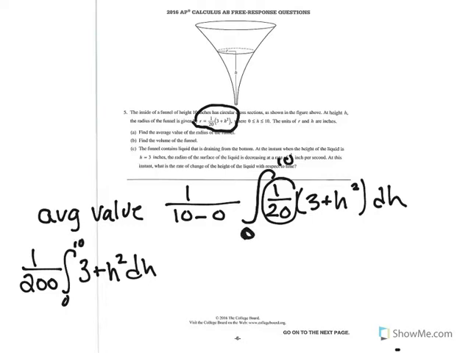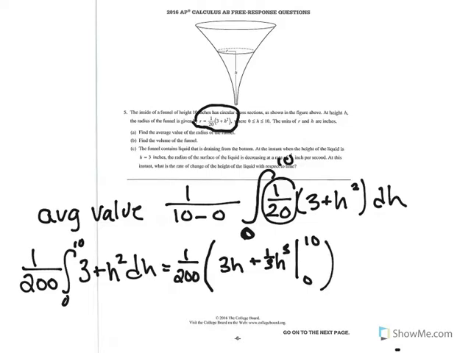Now normally when they ask you to work out an integral, they'll start you out at 0 so you don't have to do any work on it. So this is equal to 1 over 200. Now I'm going to integrate that, which would be 3h plus 1/3 h to the third from 0 to 10, which is equal to 1 over 200. I know I can dump the 0 parts.